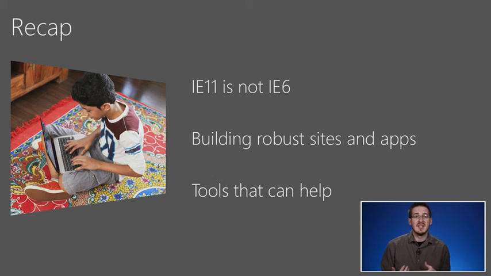We've also talked about the techniques you can use to build robust sites and apps that will stand the test of time as the web updates. And last, we looked at tools that you can take advantage to help make it easier to apply these best practices and identify issues in your own content.